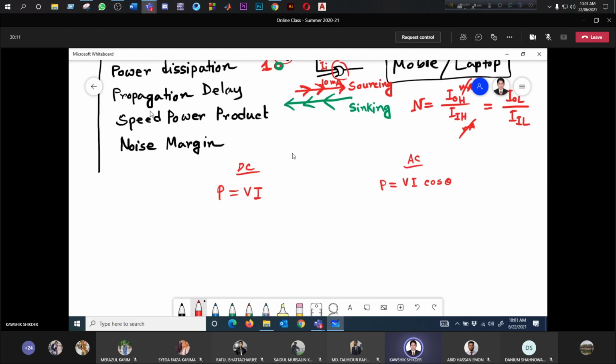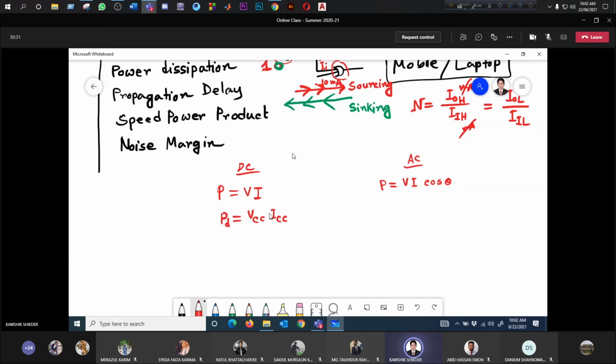So for the digital logic family, the power dissipation PD is equal to VCC into ICC. Okay, VCC into ICC. This is the supplied voltage and this is the supplied current.